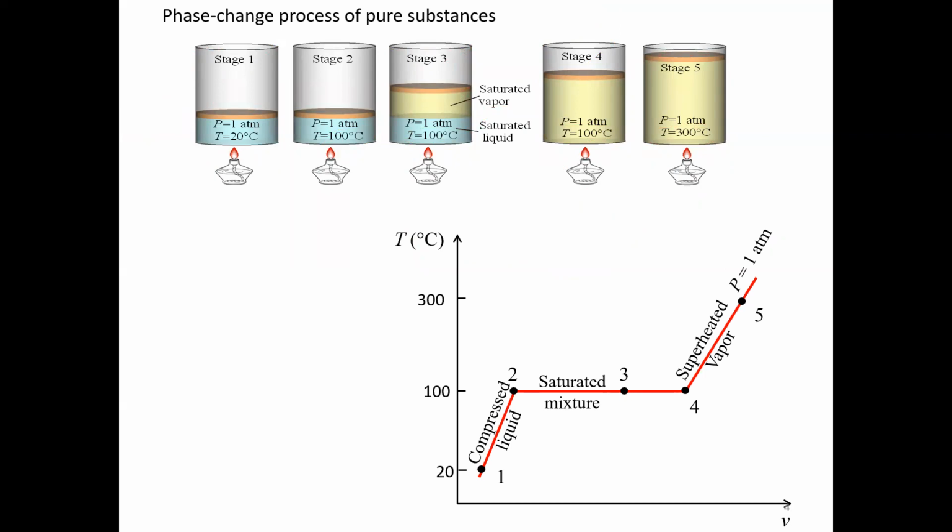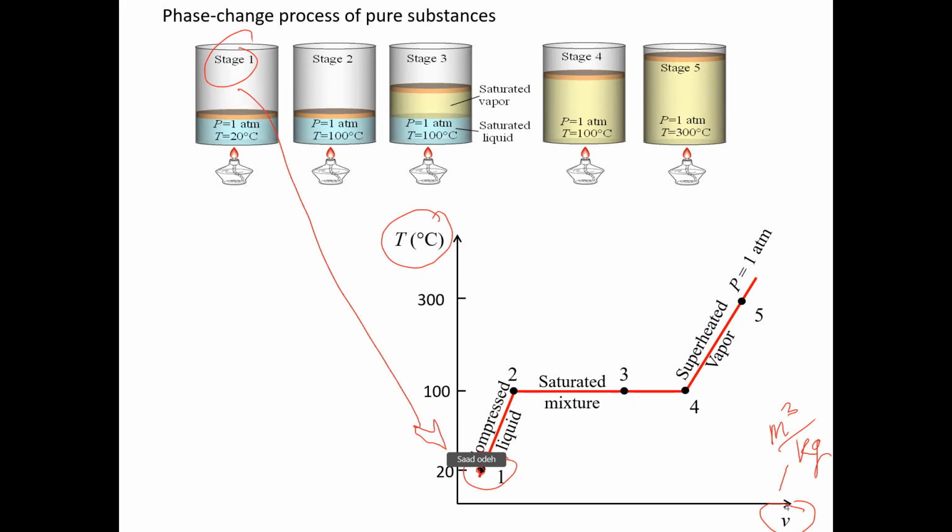The y-axis is temperature. The x-axis is specific volume, in cubic meter per kilogram. As you can see, this is stage 1.